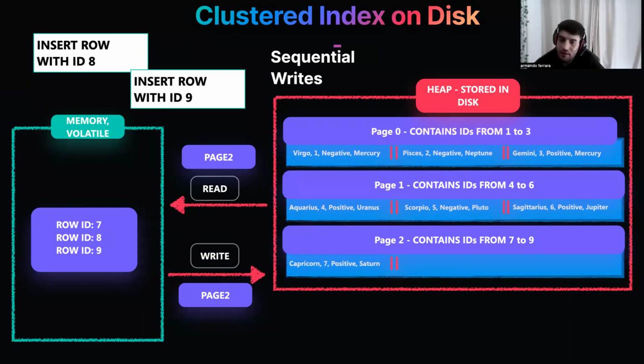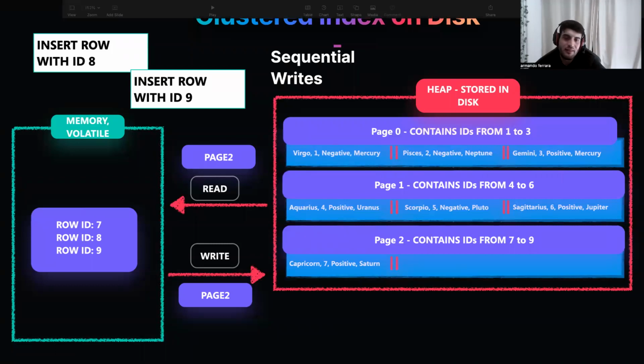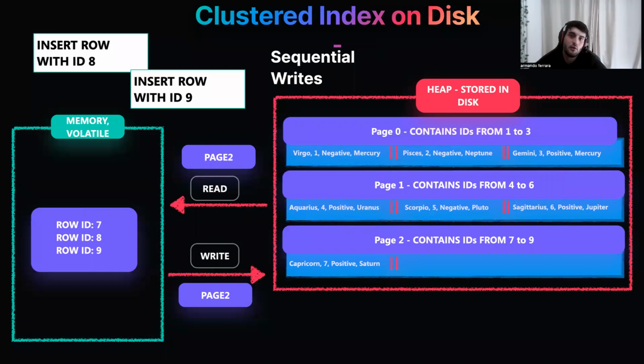I know what you are thinking: that the memory, the RAM, is volatile. You are right, but databases came out with a smart idea to avoid losing your data. I'm not going to discuss that in this talk, but let's just assume that they have a way to prevent your data loss.